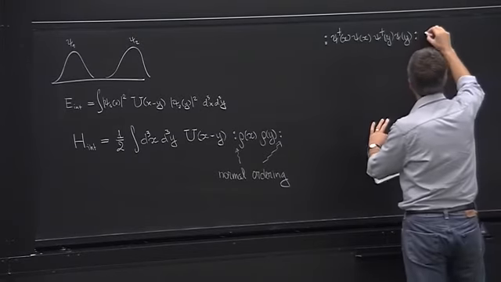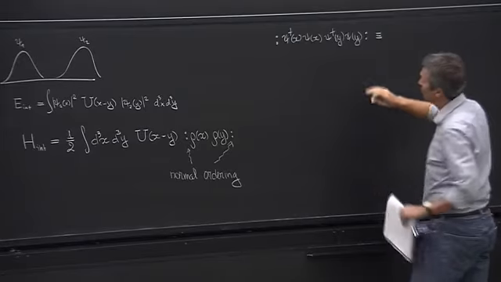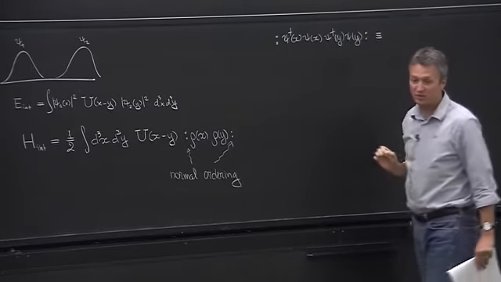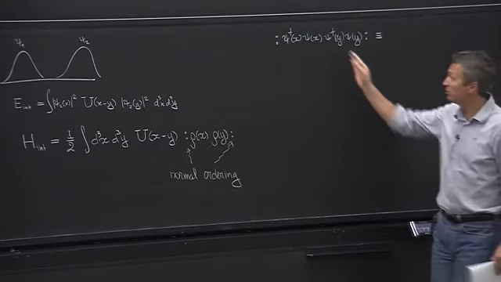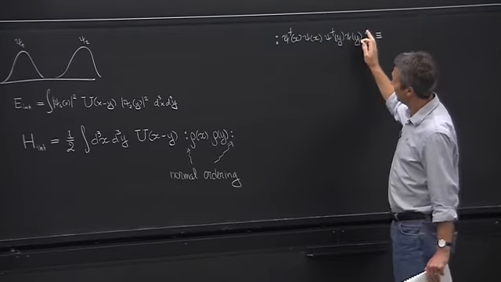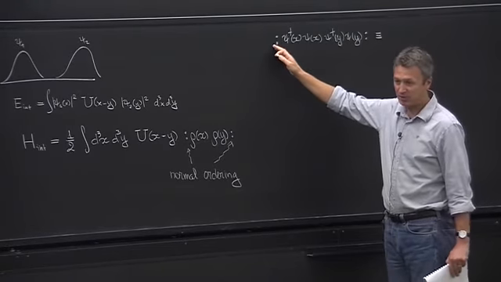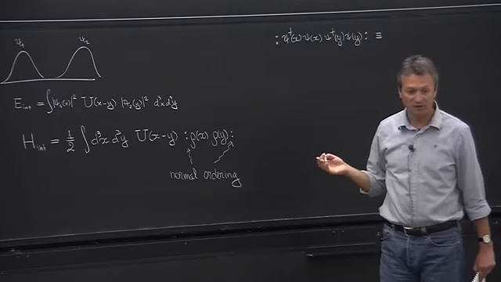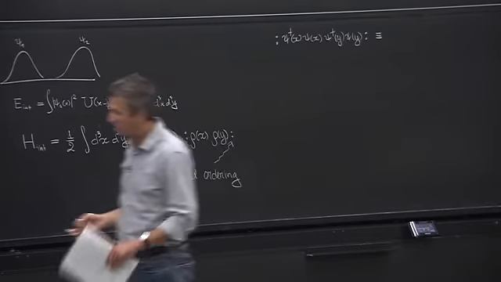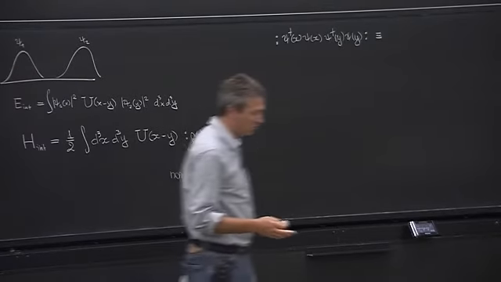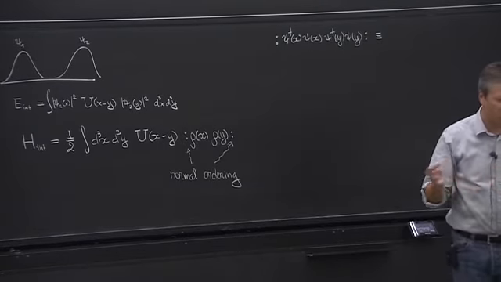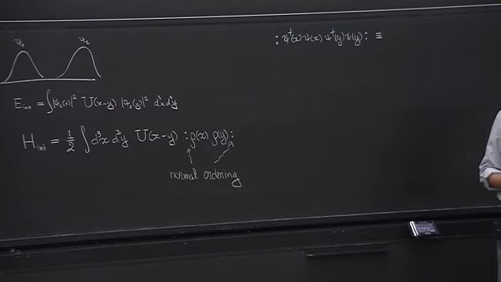By definition, we should put psi daggers to the left of psi's without using commutation relations. If you don't have this ordering prescription, we can always use commutation or anti-commutation relations of this type to commute all psi daggers to the left.